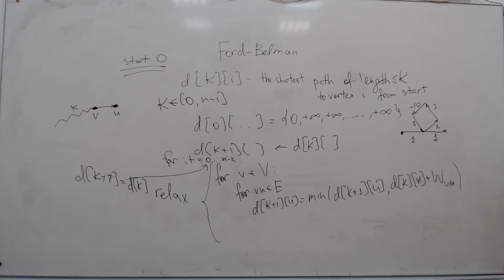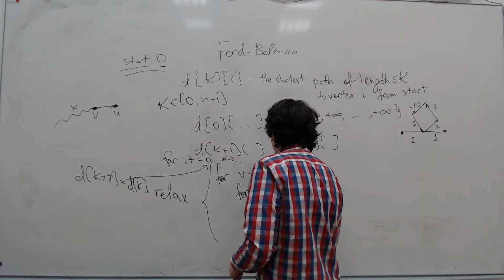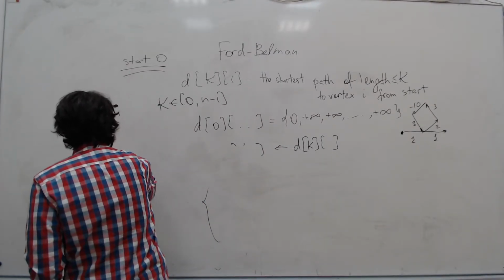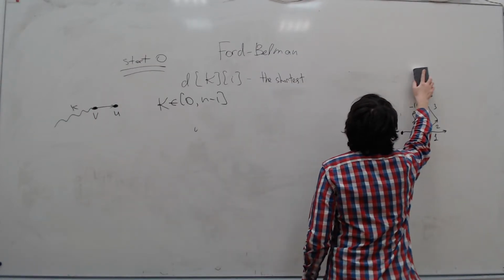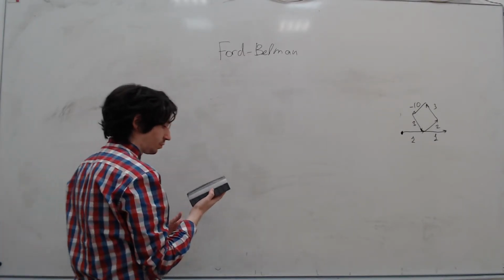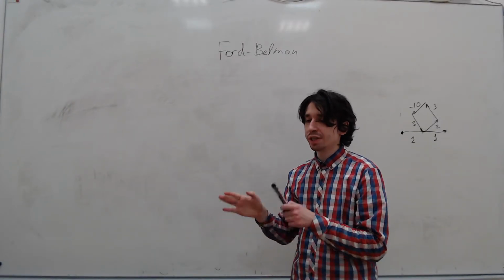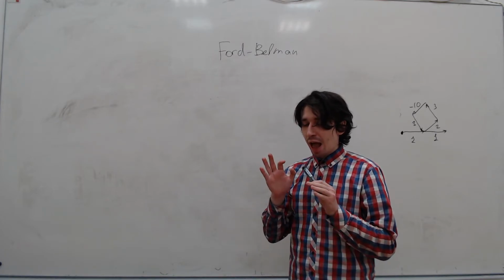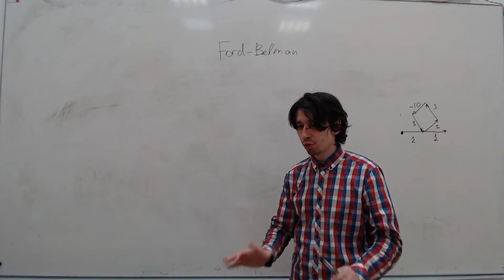Okay, so now we have the negative cycle. What to do with that? So now we want to find the shortest path to the vertices that have shortest paths, and for all other vertices we want to say no, there is no shortest path to it.